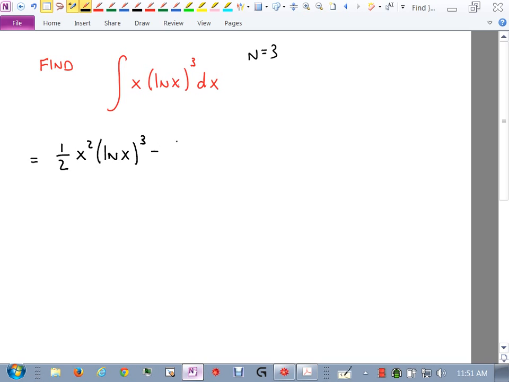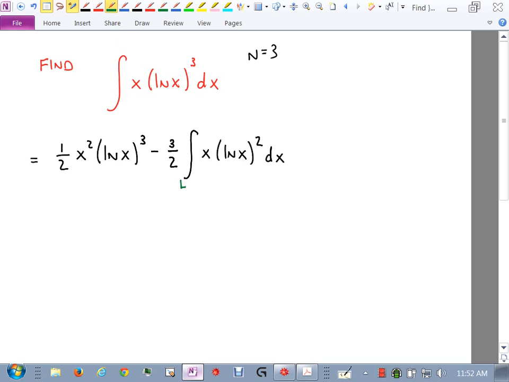Minus 1/2 times 3, so 3/2, integral x natural log x to the second, right? 3 minus 1 dx. That's what we've got. That's just directly plugging into the formula, replacing n with 3, right?